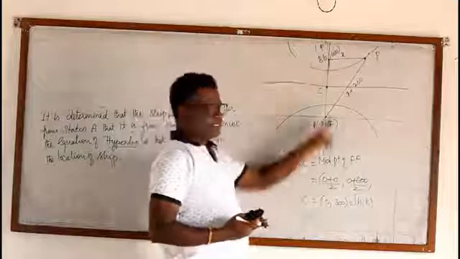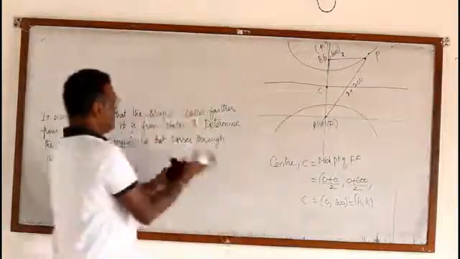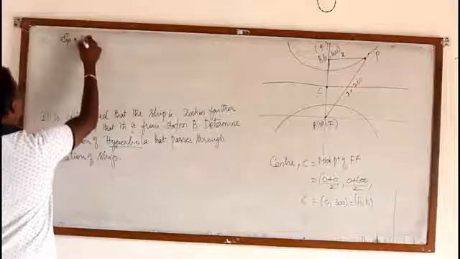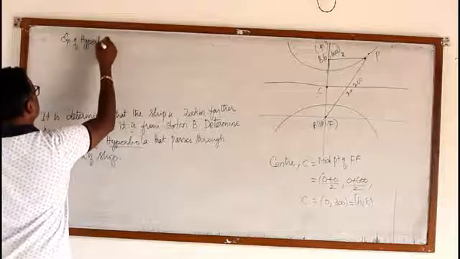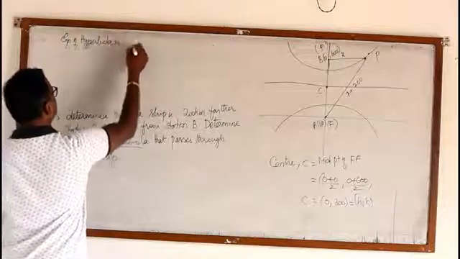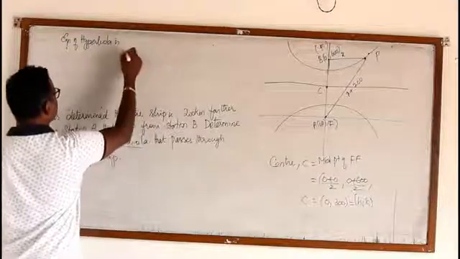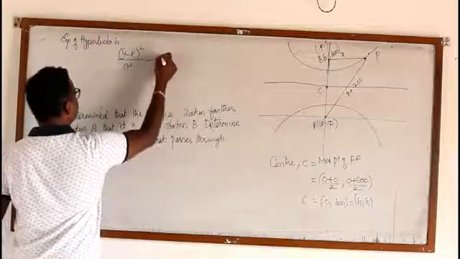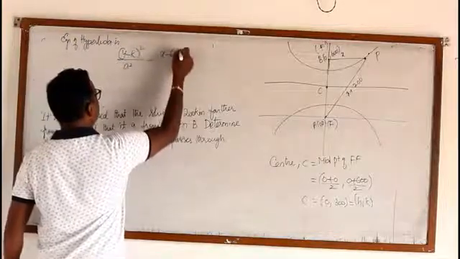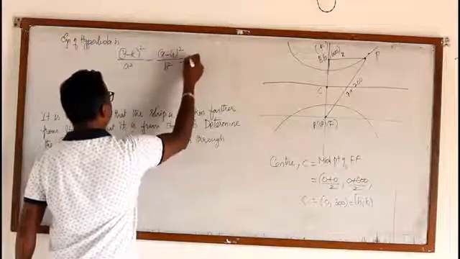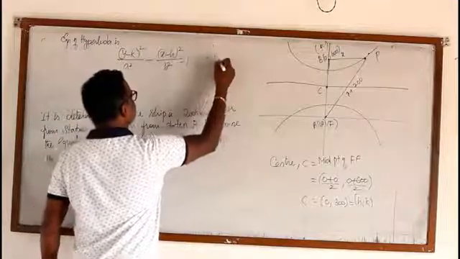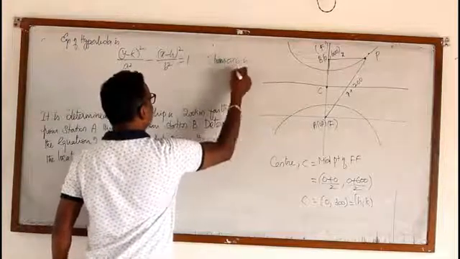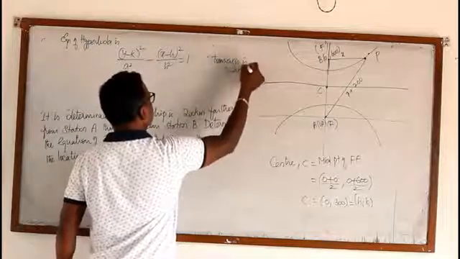The transverse axis is the y-axis, therefore we shall write the hyperbola equation. The equation of the hyperbola is (y minus k) the whole square by a square minus (x minus h) the whole square by b square equals 1, since the transverse axis is the y-axis.